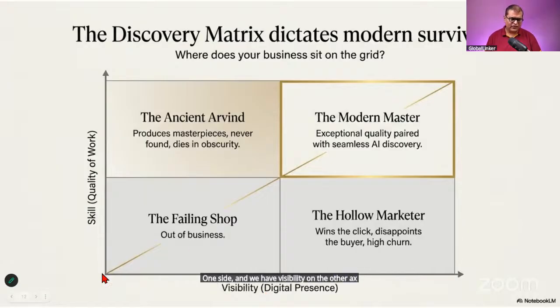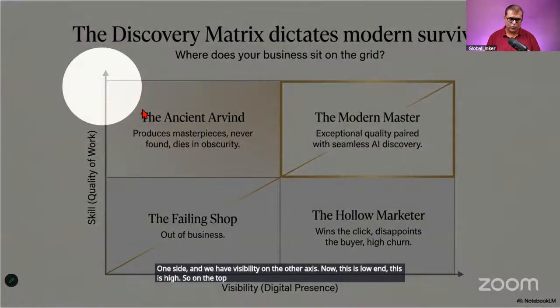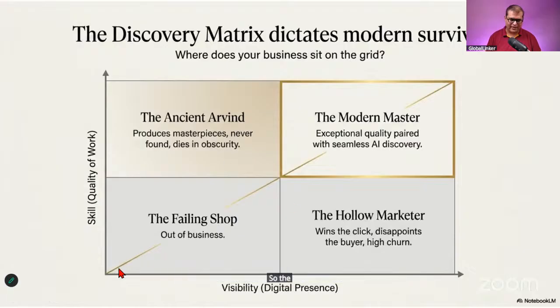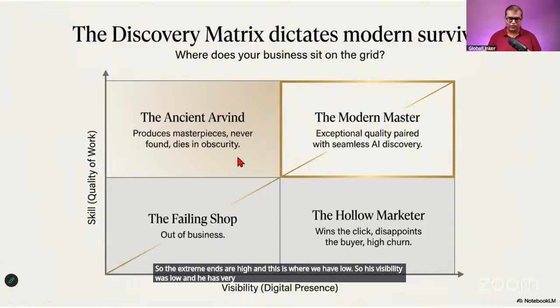Now this is low and this is high. So on the top, we have Arvind, who is very, very skilled. On the other axis we have visibility, low and high. So his visibility was low, and he has very high skill.